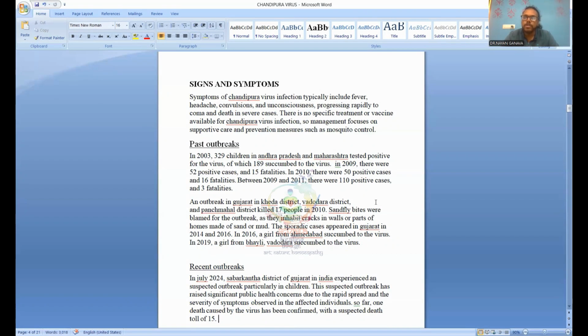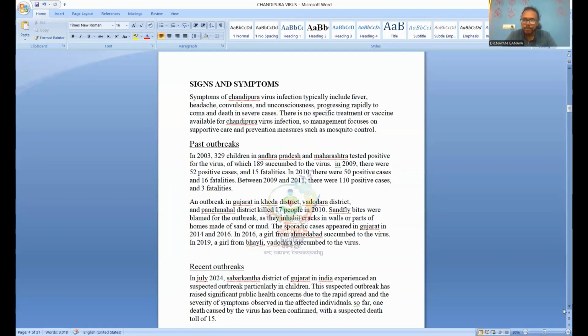And further, the patient ends up in unconsciousness or coma, progressing rapidly to coma and death in severe cases. There is no specific treatment or vaccine available for Chandipura virus infection. So management focuses more on supportive care and prevention measures such as mosquito control.